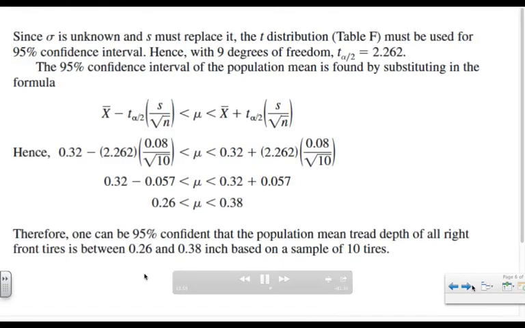So, check the answer. In this case, this t-score was also 2.262, because the sample size was 10 again. So again, we're just plugging numbers in. Our mean minus our t-score, standard deviation divided by the square root of the sample, mean plus the t-score, standard deviation divided by the square root of the sample. And that's what we get.